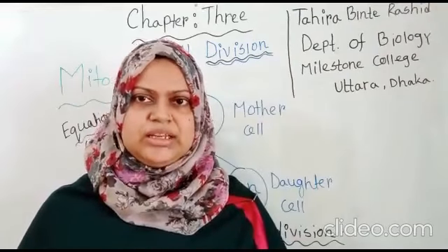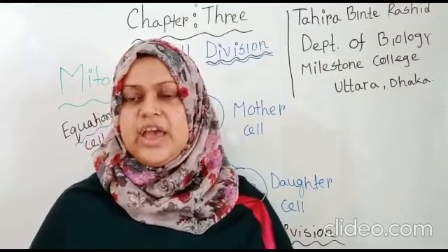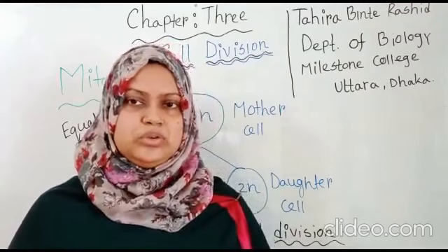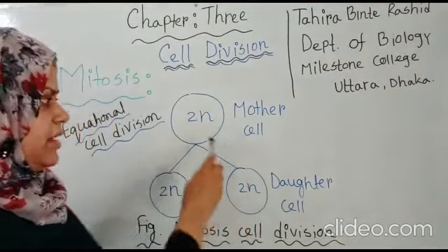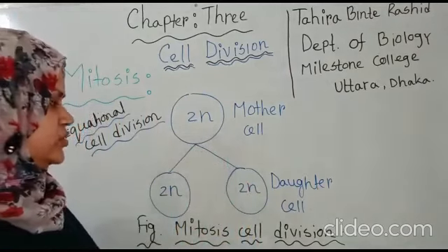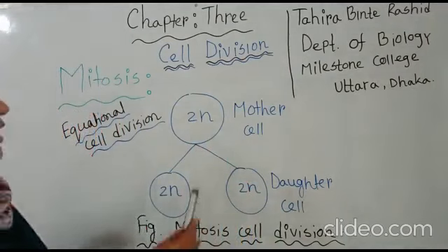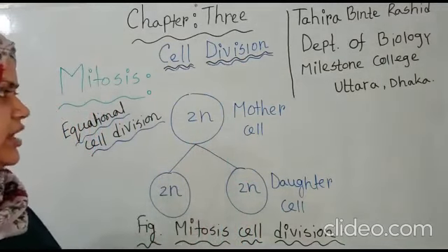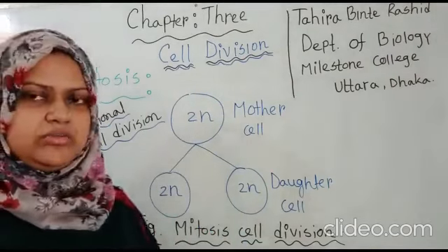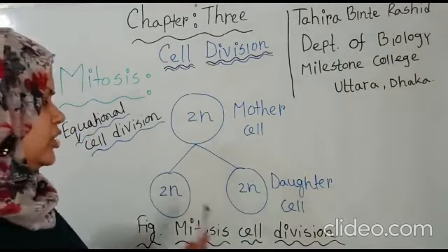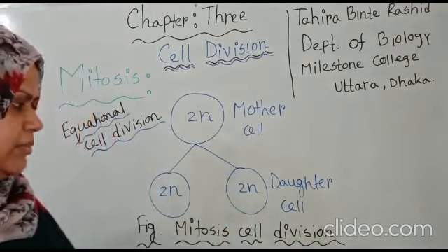Can anyone tell me the definition of mitosis cell division? Yes, from previous lecture we know that mitosis is a cell division where a mother cell is divided and produced two identical daughter cells. Here the chromosome and nucleus of a mother cell are divided only once and produced two daughter cells with same type of chromosomes in number.